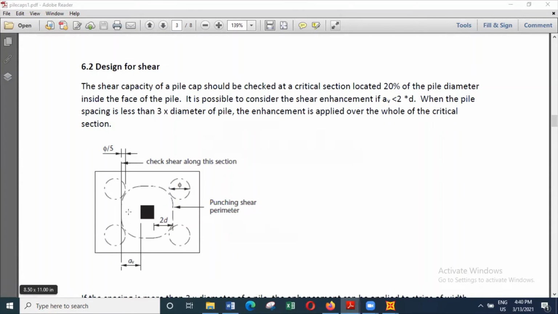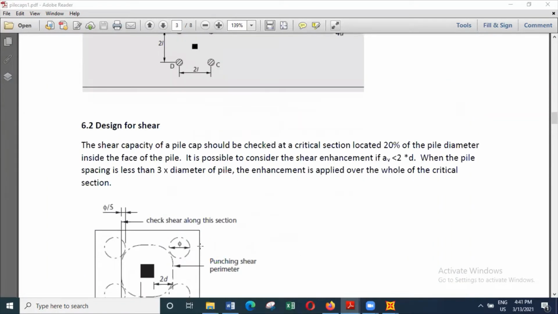So this is the punching shear perimeter, and in addition to that, you also have to check for direct shear. But if the piles are close, something like 3 times diameters or less, then you don't really have to check for punching shear, because there's very little chance of it happening. But you still have to check for direct shear. So those are the basic rules.